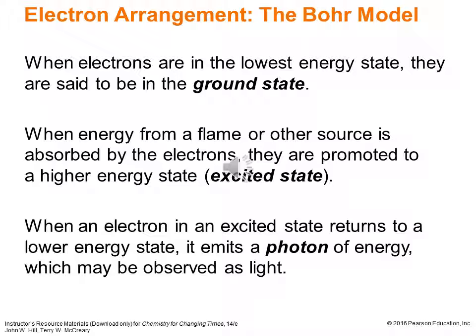Now, for us as humans, we can see in the visible spectrum, and some of those photons would be visible, but many of them might be higher in energy, the ultraviolet region, for instance, or even X-rays, as we talked about. If you have a very highly excited electron that falls back down to a low energy orbital, then X-rays are emitted, and that's one way that X-rays were first discovered, by the relaxation of excited electrons back down to a low ground state.